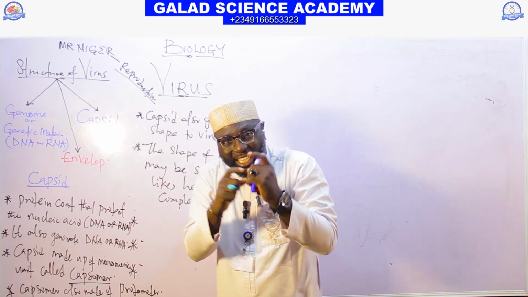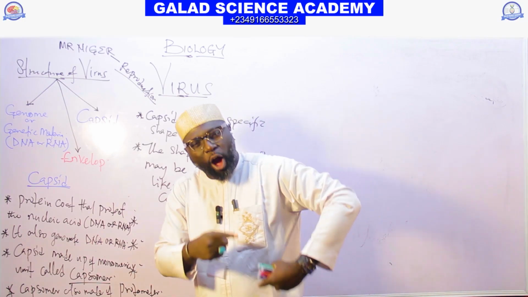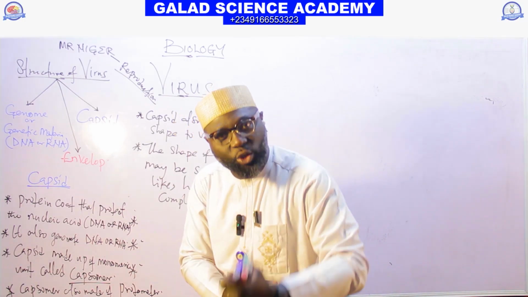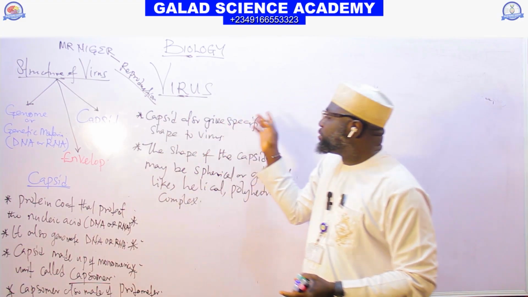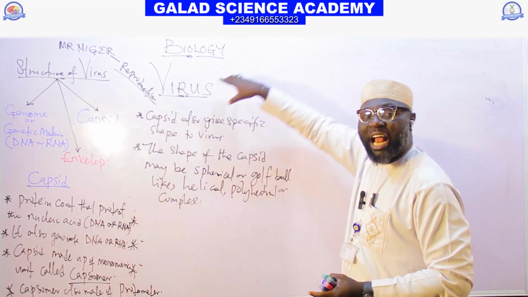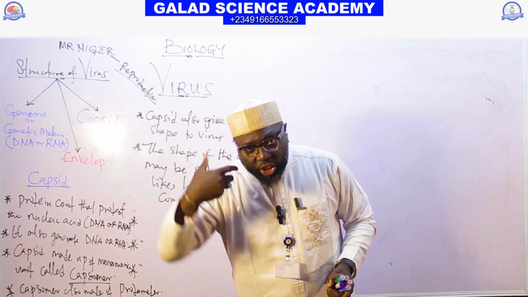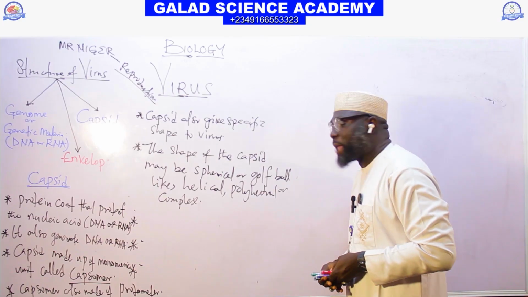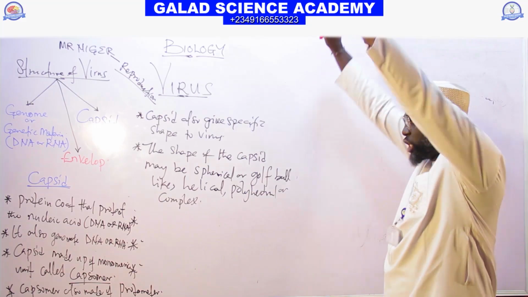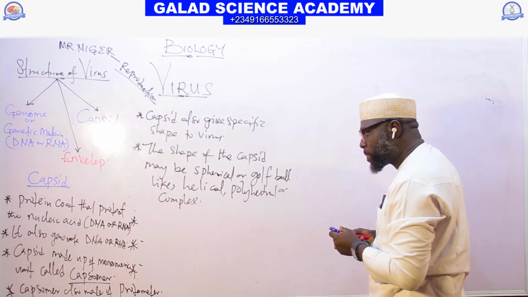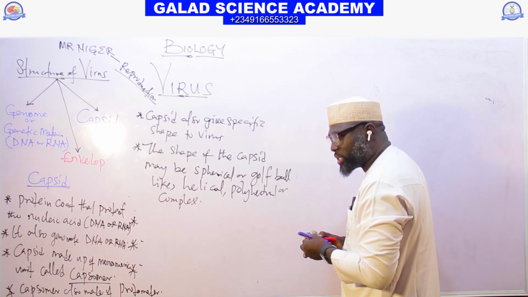The monomeric unit of the capsid is capsomere, and the capsomere also comprises the smallest unit called protomer. And the capsid gives specific shape to virus. This tells us that virus exists in different shapes. The shape of virus may be spherical.